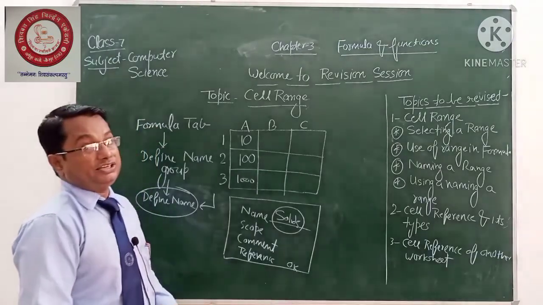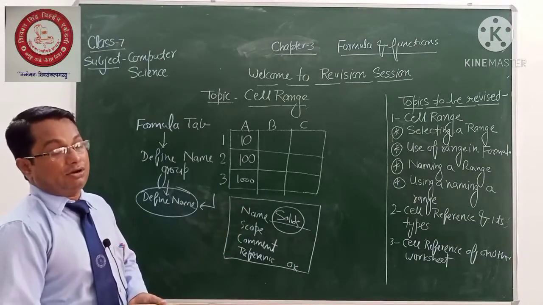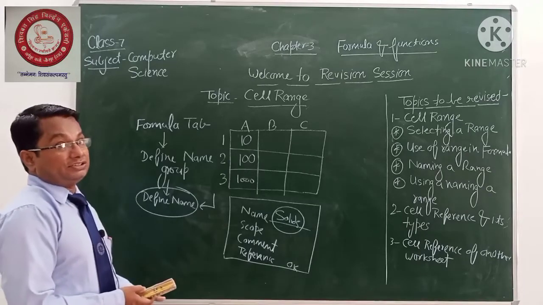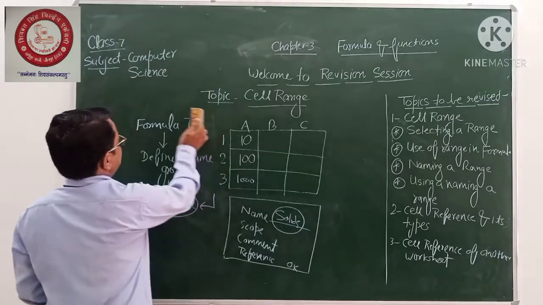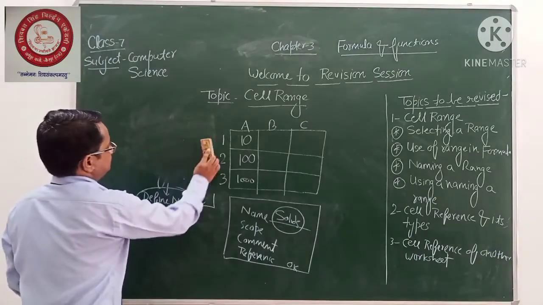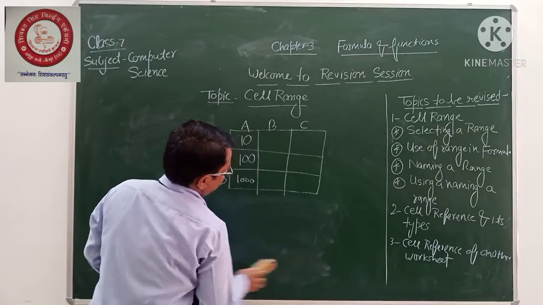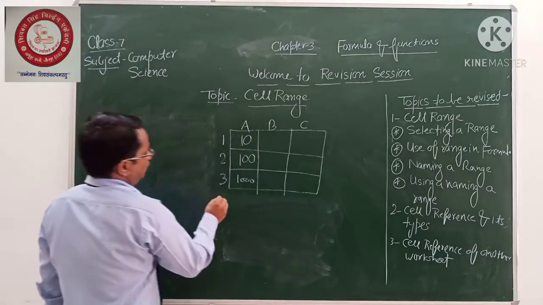Now it's time to understand how we are going to use this name of the range in a particular Excel sheet. So first of all, let me erase all the things. Again you have to go to the Formula tab.